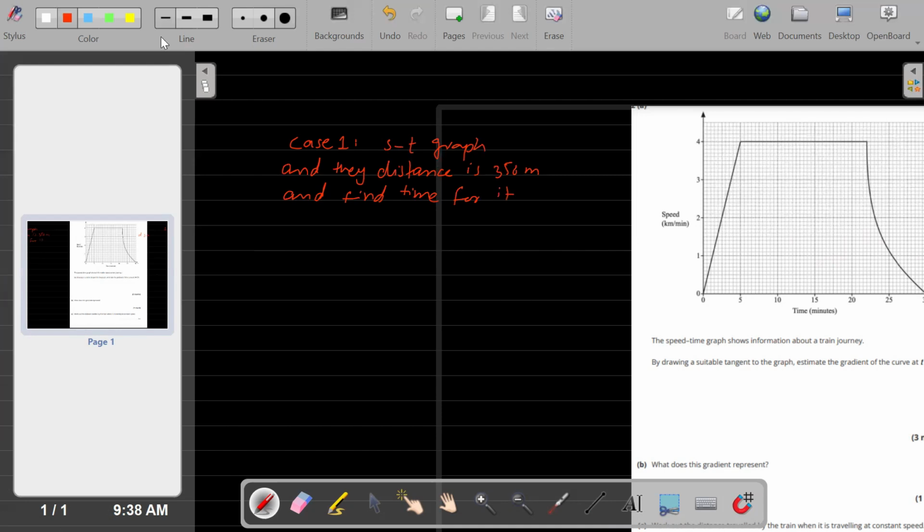Basically, this shows that from a speed time graph, they have given you the distance and they ask you to find the time.